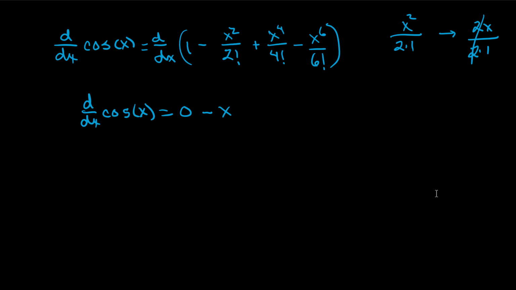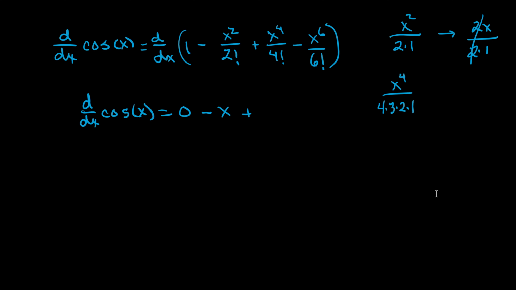Then we're going to have plus, we have an x to the 4th over 4 factorial. Well, x to the 4th over 4 factorial is 4 times 3 times 2 times 1. So the derivative is going to be 4x cubed over this 4 times 3 times 2 times 1. The 4's will cancel, and this gives us x cubed over 3 factorial. And this continues right on down the line.